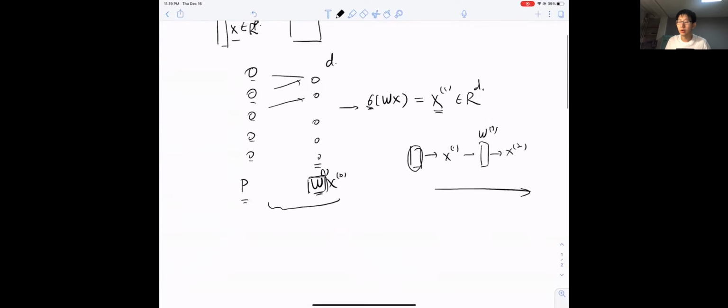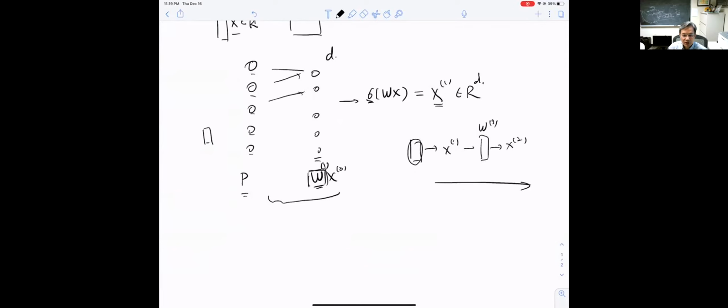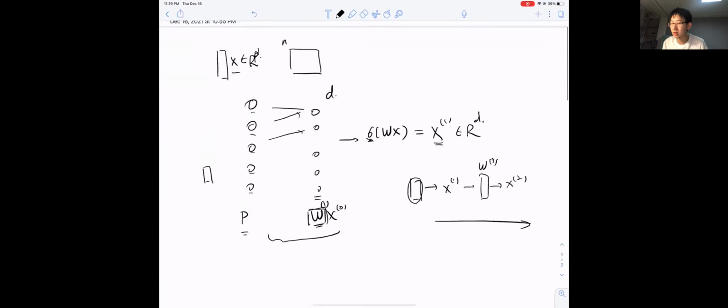But you can see that each time the input is just a vector. I have a question: after you apply this activation function, does the dimension P reduce into a single number? No. This function is applied to each element of this vector.